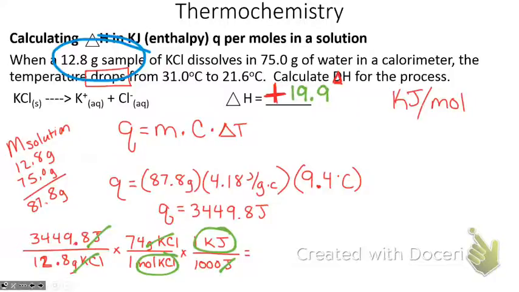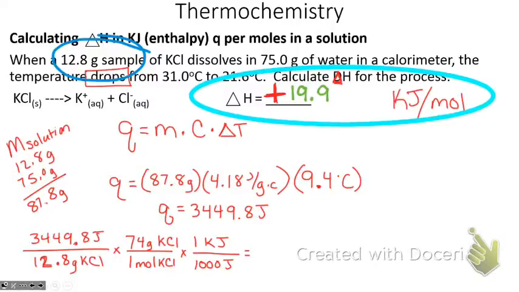So if you punch this all in your calculator, you should punch in 3449.8 times 74 times 1 divided by 12.8 divided by 1 divided by 1,000, and you should get, yeah, that same answer, 19.9, and my unit again is kilojoules per mole.